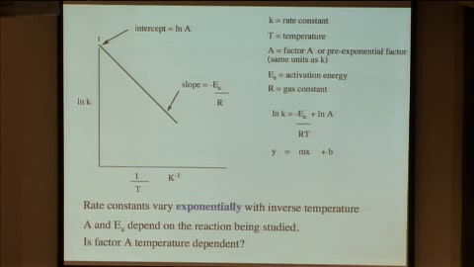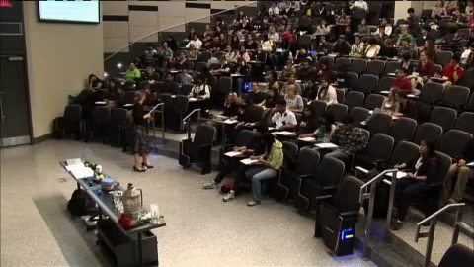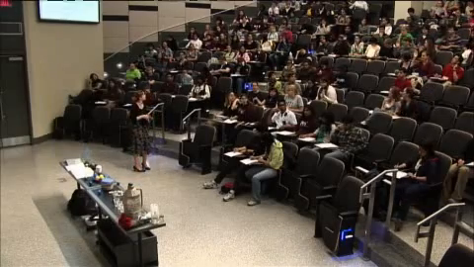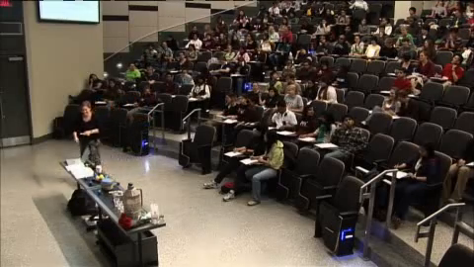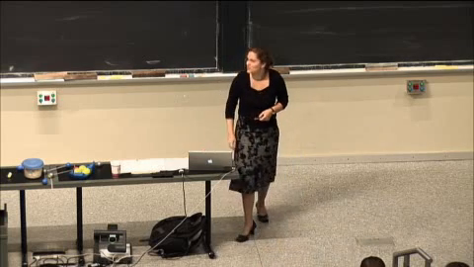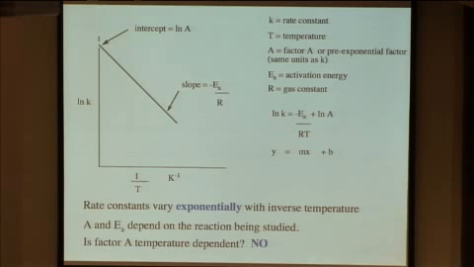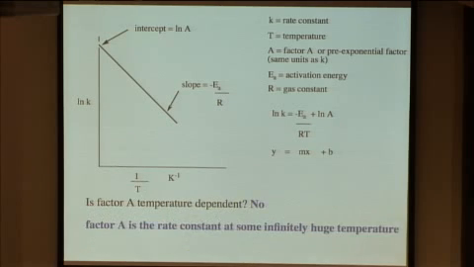So let's think about this term factor A. What is it exactly? Do you think it would be temperature dependent? What do you think? How many people think, yes, it would be temperature dependent? How many people think no? Some people are not going to commit. The answer is no.